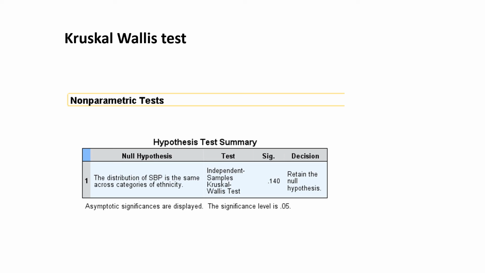Independent samples Kruskal-Wallis test. And the significance value is 0.140. It is more than 0.05, so retain the null hypothesis. We cannot reject the null hypothesis; we have to retain it.